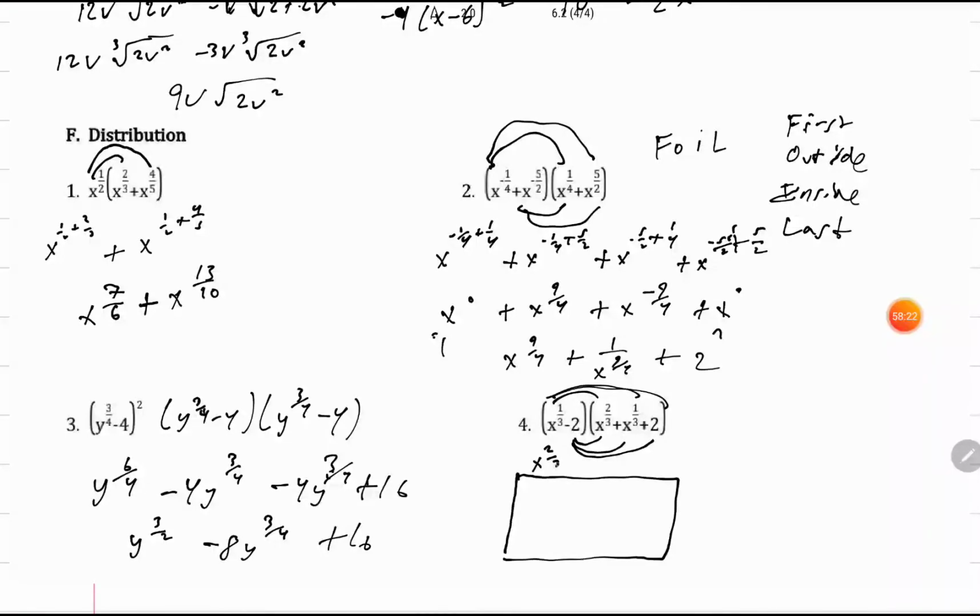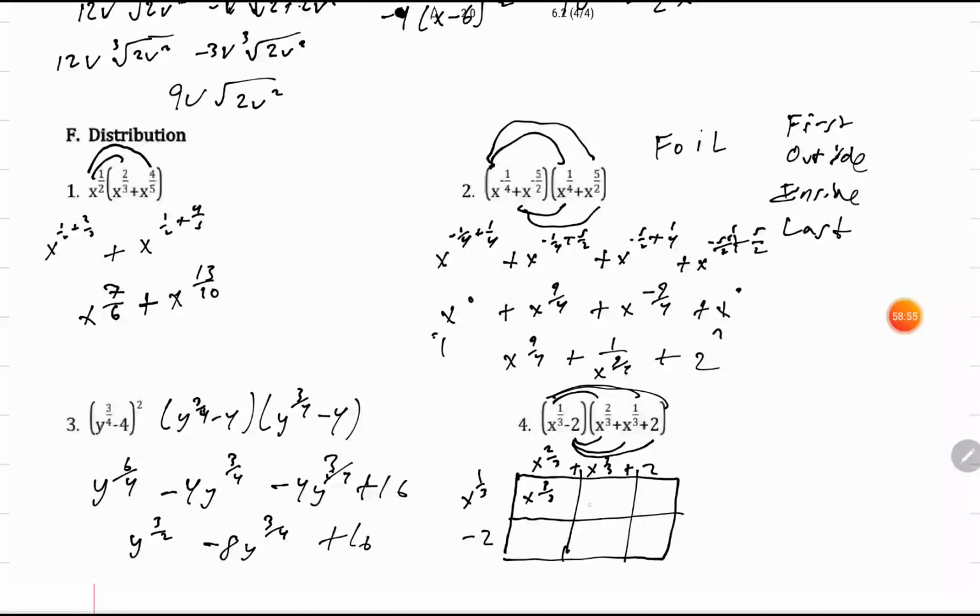So x to the 2/3, x to the 1/3, plus 2. And then on the left side here, we have x to the 1/3 minus 2. So when we multiply that all out, we're going to get x to the 3/3 here.